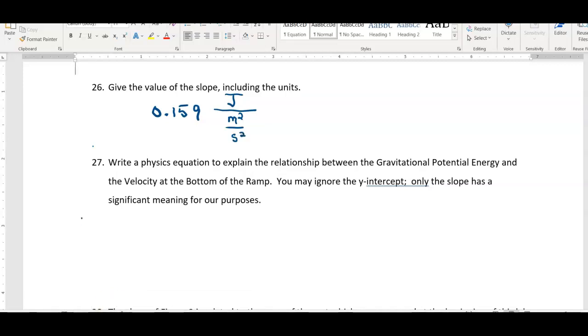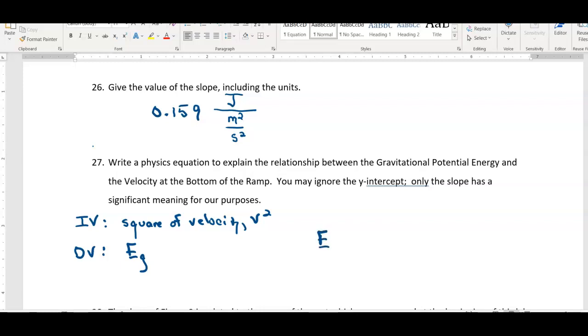And if I wanted to write a physics equation, in this graph, the independent variable is the square of velocity. And so I'm going to represent that. I'm going to call that variable v for velocity squared. The dependent variable is the gravitational potential energy.